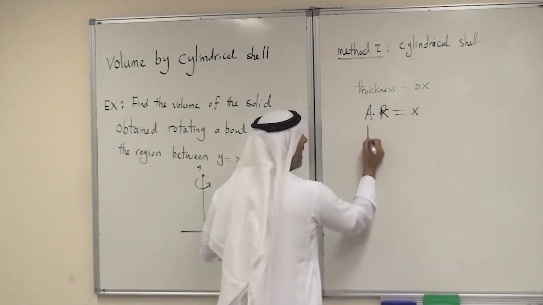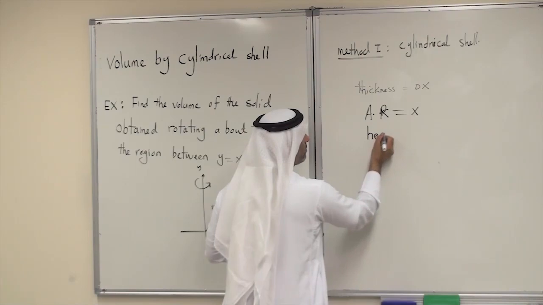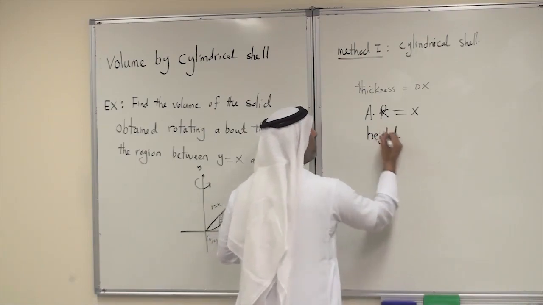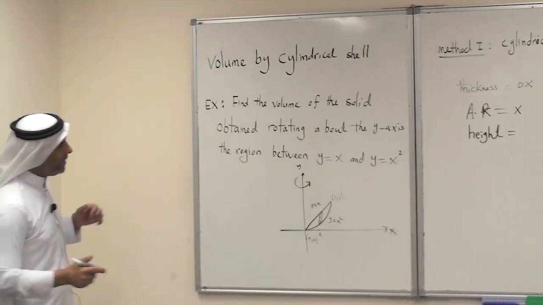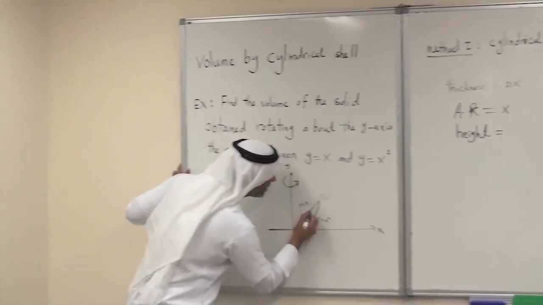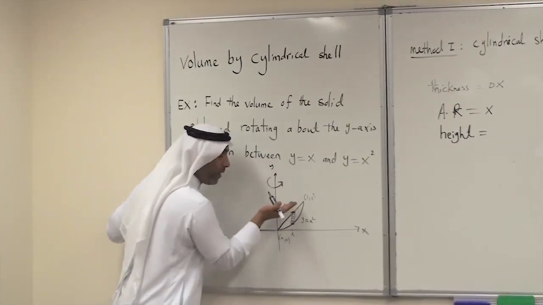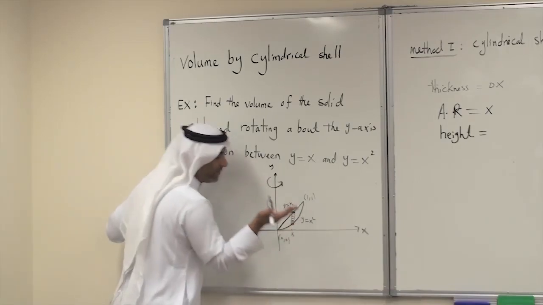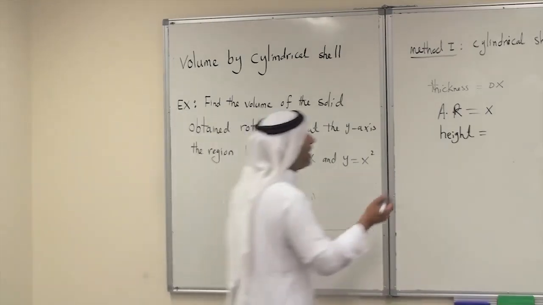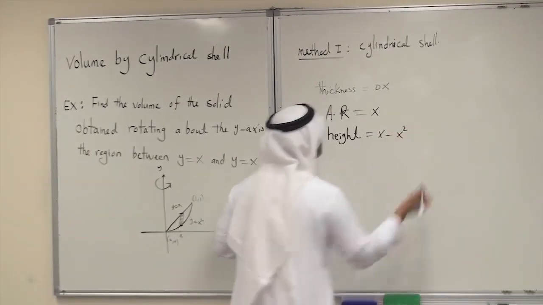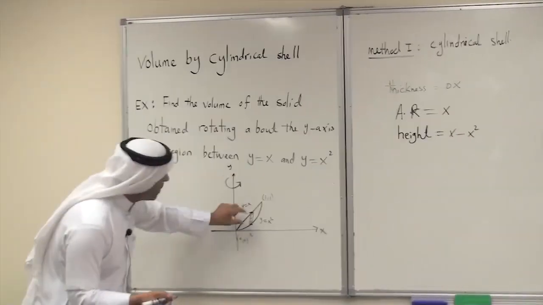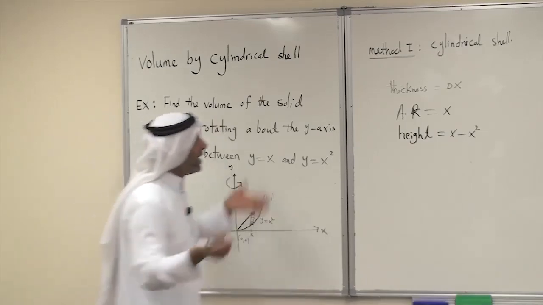Now, what is the height of the shell? The height of the shell will be the altitude from here to here. So it is y at the top minus y at the bottom. In this case it is x minus x squared, which gives me the height of the shell.